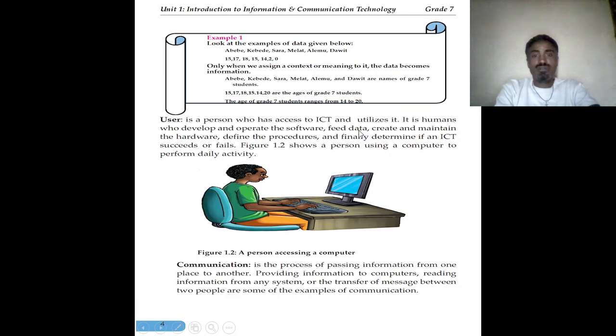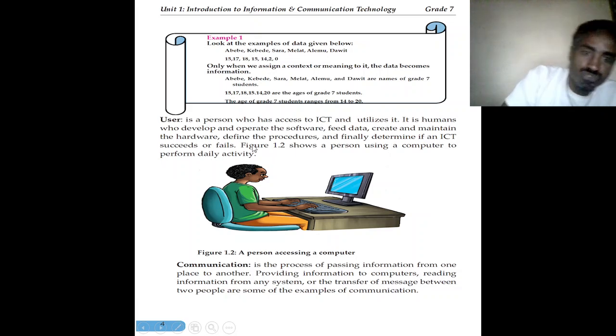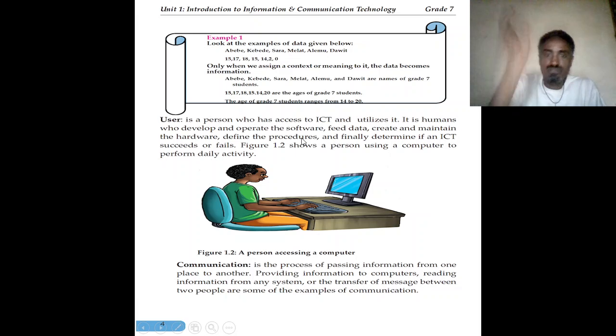Humans collect and feed the data. Humans create and maintain the hardware. Humans use procedures and steps, they follow the steps, and finally determine if an ICT succeeds or fails. They make decisions, the right decision, for instance whether the student fails or not, based on the final output or the information that we got.